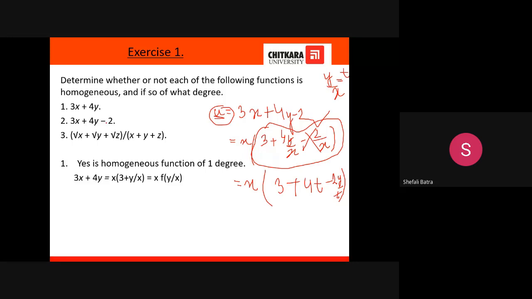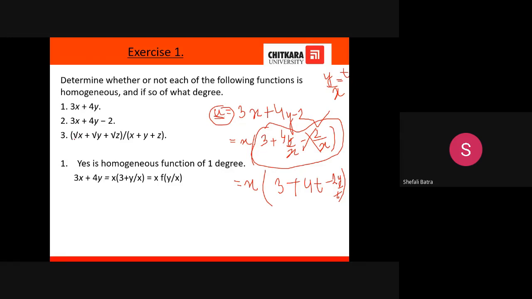Now you have learned a new definition, so you need to apply the new one. How are we applying it? We take x outside. What is left inside? 3 plus 4y by x minus 2 by x. Because of this term, this is not a function of y by x, so you cannot represent u in the required form. That is why it is not a homogeneous function.